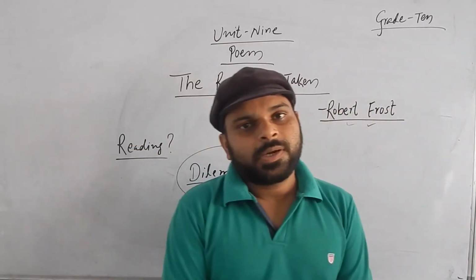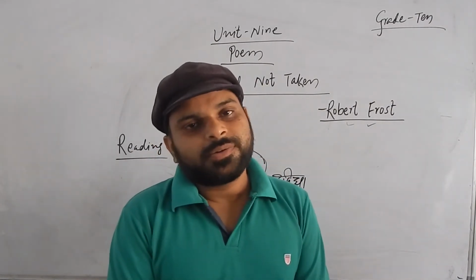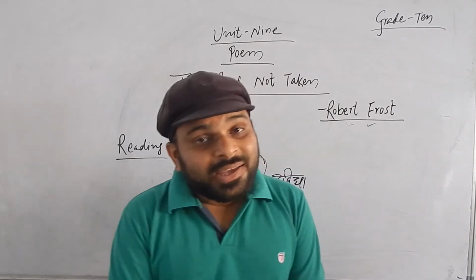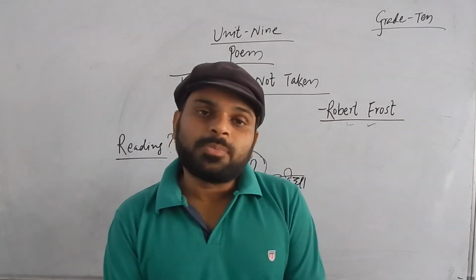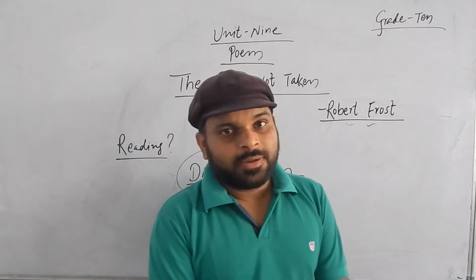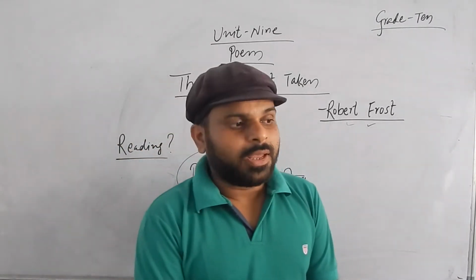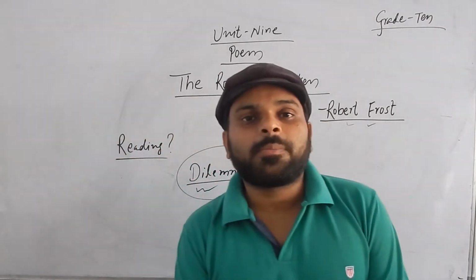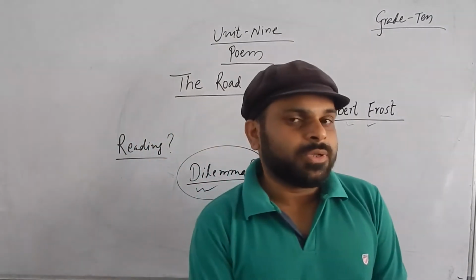Robert Frost, via this poem, is in dilemma, and why he is in this situation, we are supposed to analyze. So let's see what is inside the poem and then we'll discuss further. Let's start. Hope all of you have your textbook. Please see it and try to read with me.